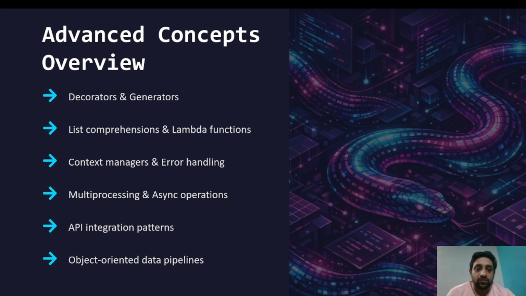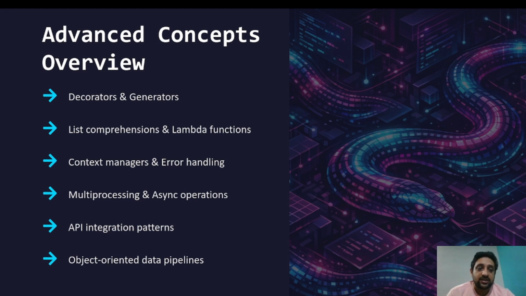Generators help us work with large data sets by generating data one item at a time instead of loading everything into memory. List comprehensions and lambda functions provide concise ways to write transformations and operations. Context managers ensure proper handling of resources like files or database connections.